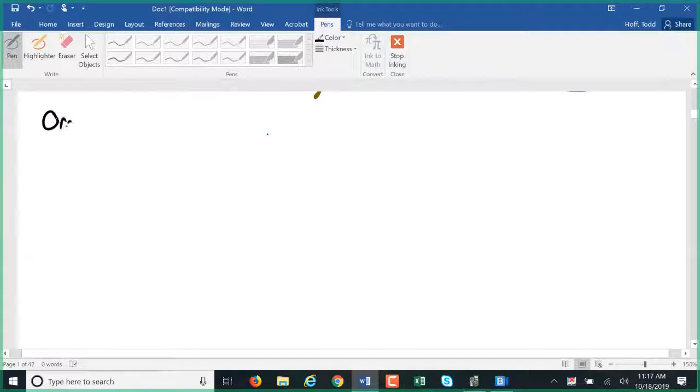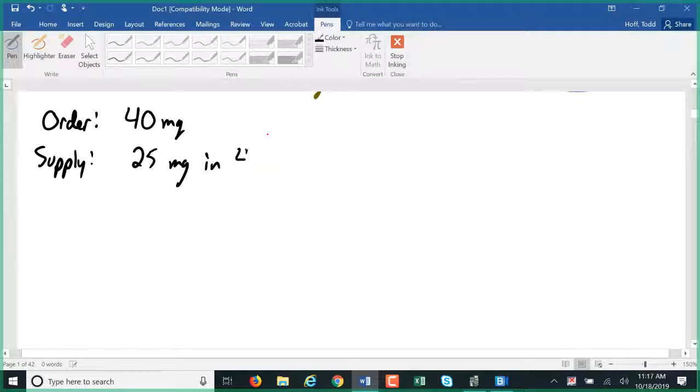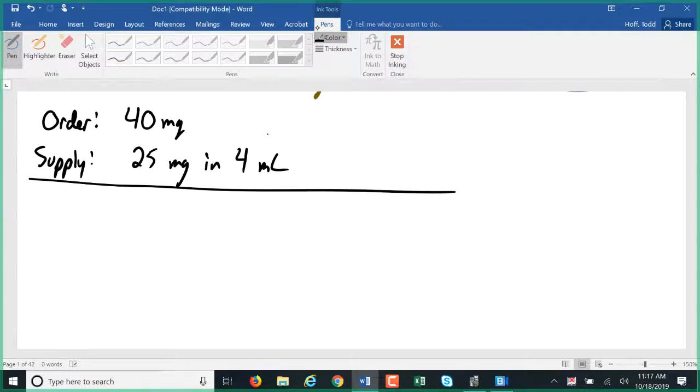Our order: 40 milligrams of medication. Supply: 25 milligrams per 4 milliliters. Now again, we're going to start out with our order.